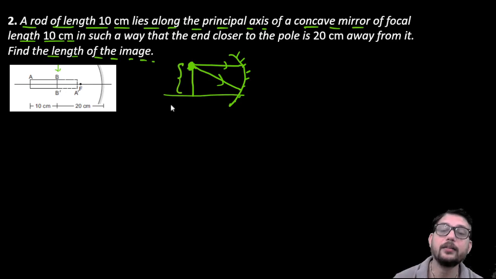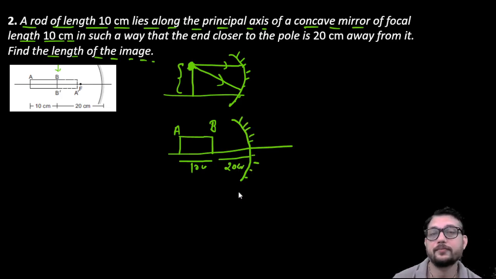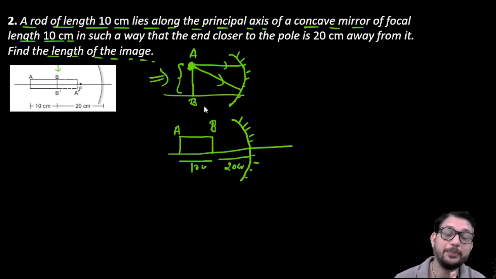But in place of a vertical object, in this question the object is lying on the principal axis like this. This is one terminal A, this is your second terminal B, or end terminals we can say, and the length is 10 centimeter and one end is 20 centimeter from the pole. In case of a vertical object, whether it is A or B, both points lie at an equal distance from the mirror.